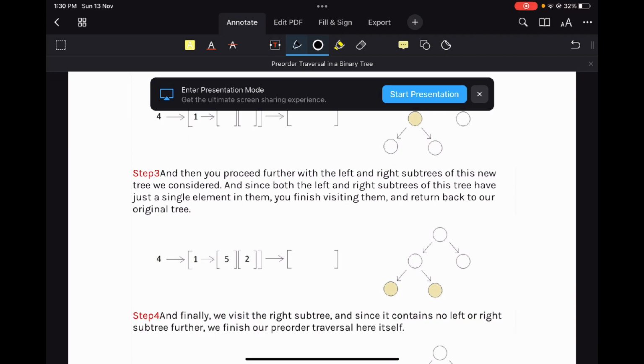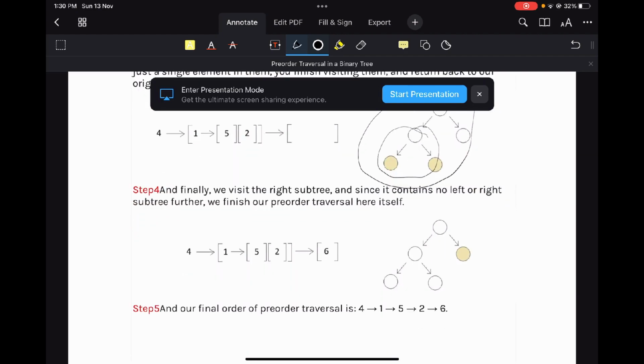In step 3, we'll consider moving further toward the subtree. Now here we have considered 1, 5, 2 as a different tree altogether within the base tree. Since our marking point is 1, we'll mark all other nodes that come under the subtree of 1, 5, 2. So we'll mark 5 as another node and 2 as another node.